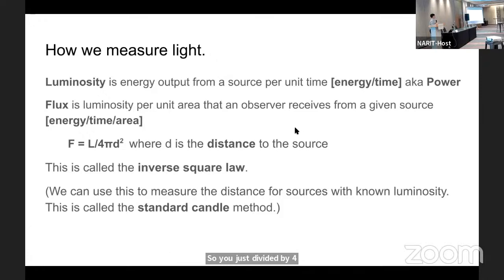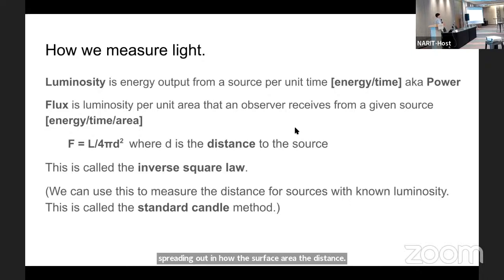And this is called the inverse square law. What that means is that if you go twice the distance away from a source, the amount of light goes down by a factor of 4. This is simply because of the nature of the spreading out and how the surface area of the sphere evolves with distance.